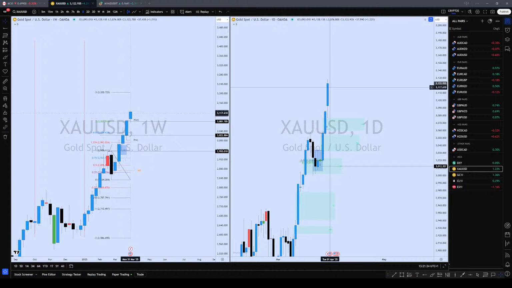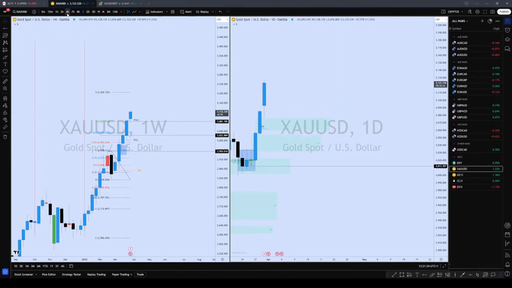So after today, if you are long, be careful going long again. You can actually go with the mindset that price has a potential of retracing, right?